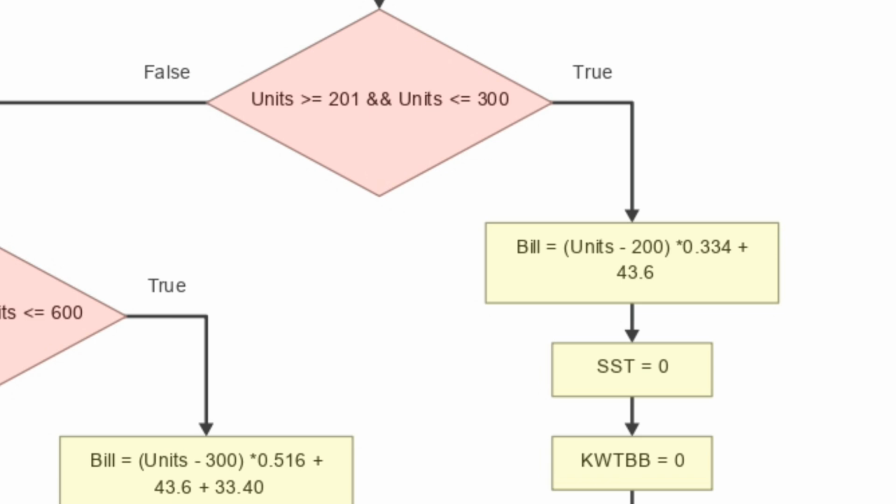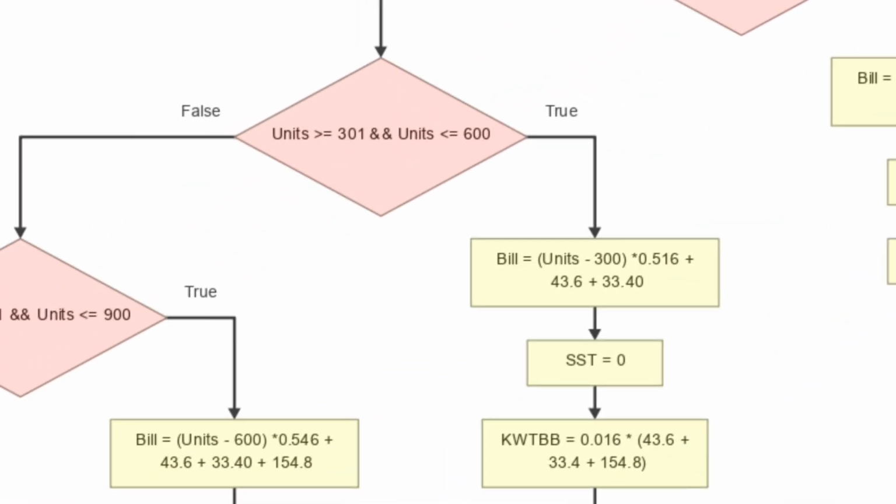The entire bill if electricity usage is 300 units is RM 77, which concludes the units more than or equal to 200 and less than or equal to 300. If this statement is true, the units will be multiplied by 0.334, which is RM 0.334 per unit. Since SST and KWTBB are only applied when a certain rule is met, both of them would be 0.